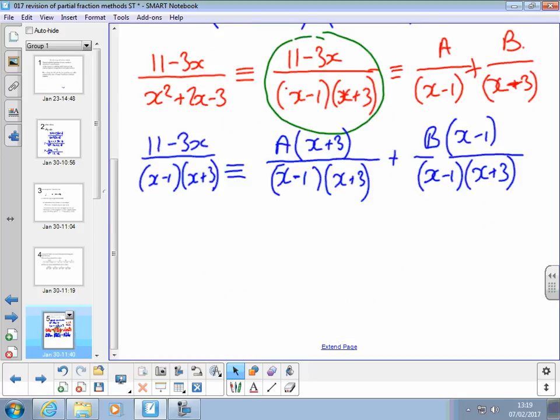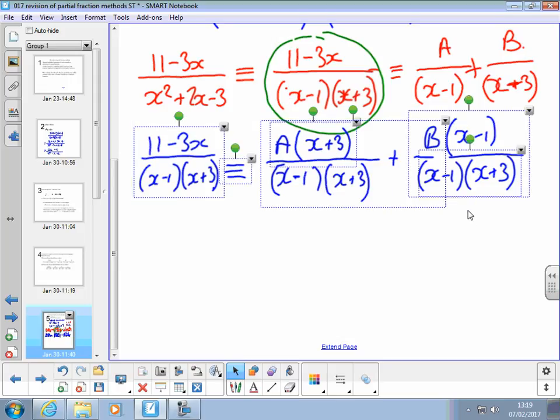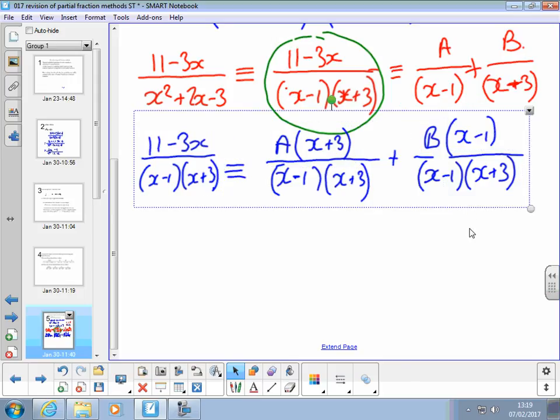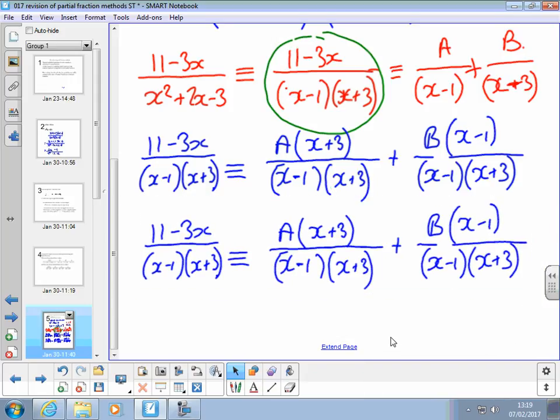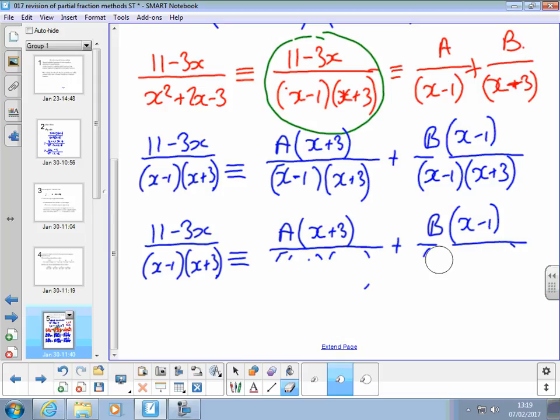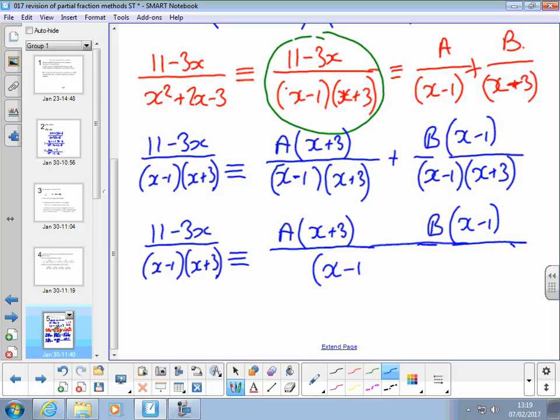And so now that bit there, we can now write that as that, because we've got the same common denominator now for both halves.